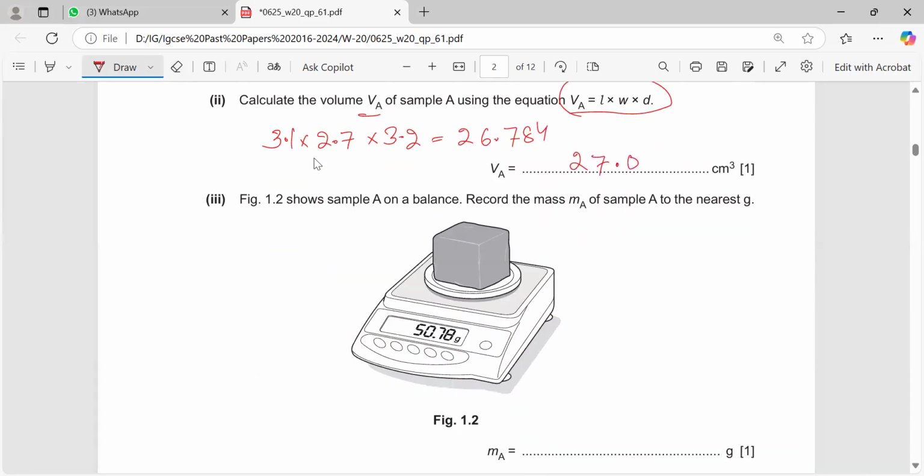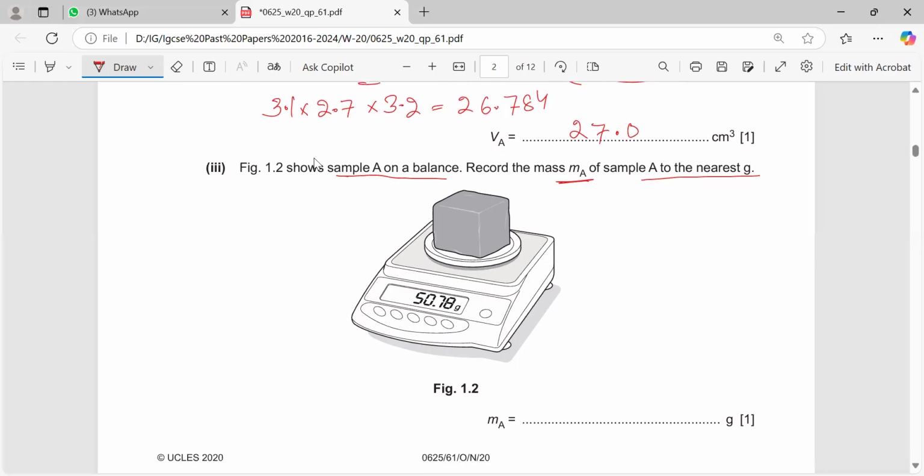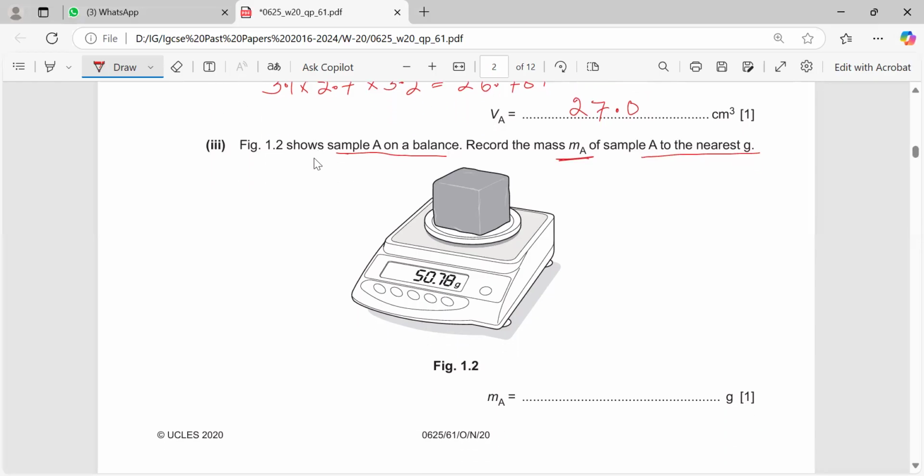Next part, figure 1.2 shows sample A on the balance. Record the mass MA of the sample A to the nearest gram. Here it is nearest gram. In the fresh papers, they are also asking nearest 0.1 gram. So right now, nearest gram, 50.78, the digit 7 is greater than 5. So we can just write the next number and drop the rest. So 51.0 gram.